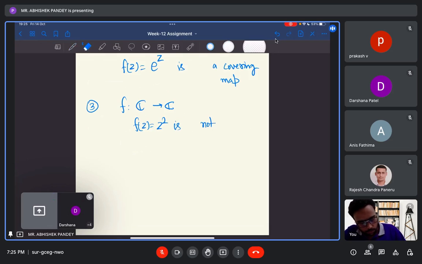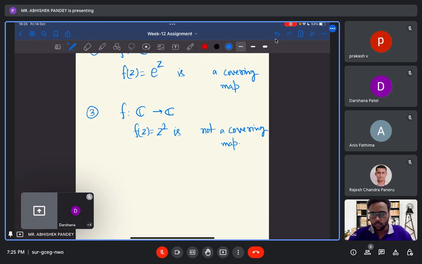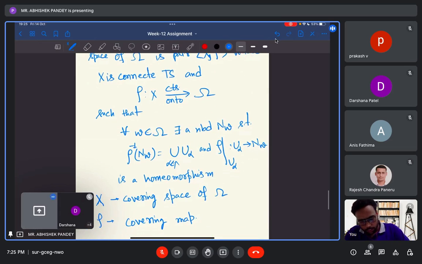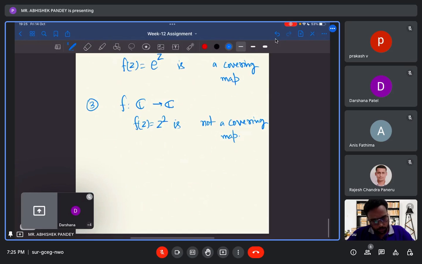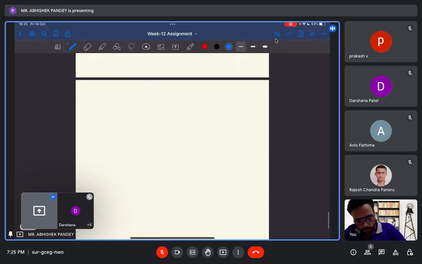Oh, sorry, e to the power z is a covering map, and z squared from C to C is not a covering map. Okay. So basically this definition tells us something about this map, okay.